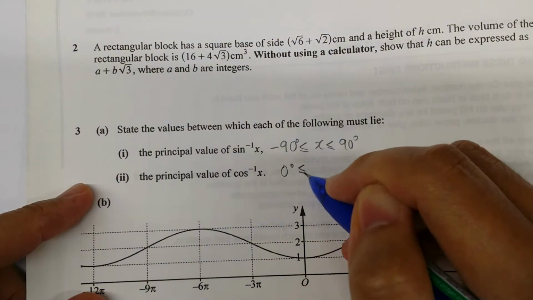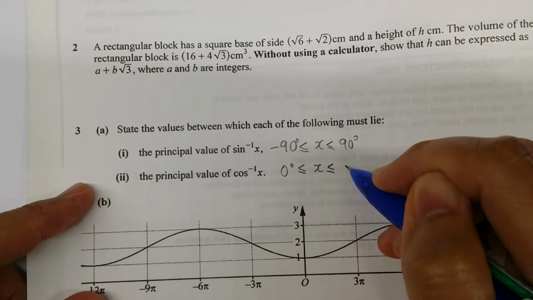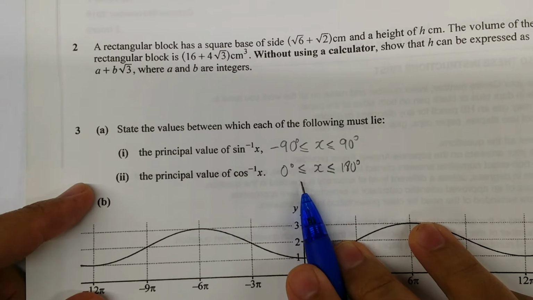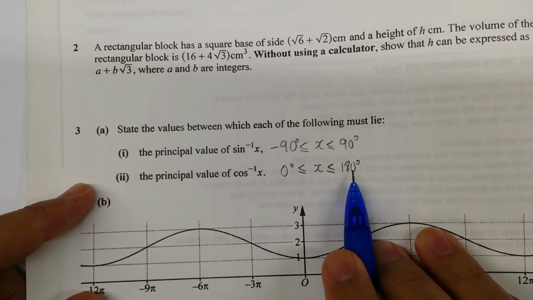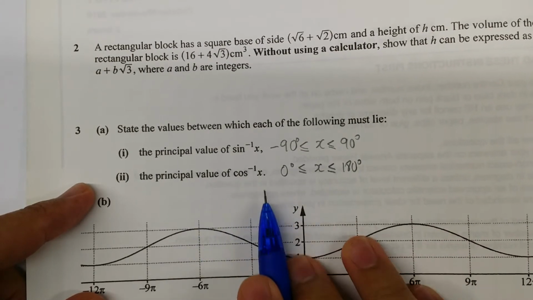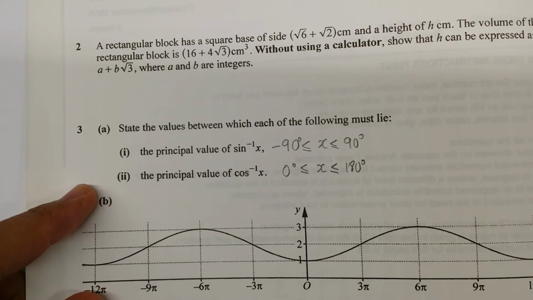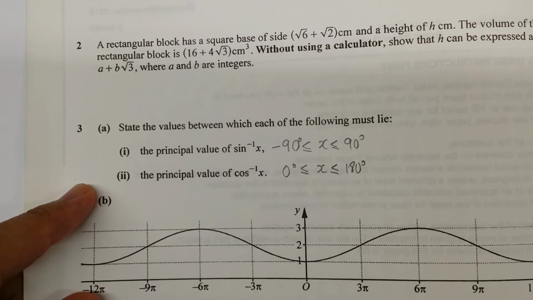It's late at night and it's getting tiring. You should be watching this during lesson. 0 to 180 degrees, the principal value of cosine inverse x. Just by writing these two, you get 2 marks. Last year, 2016 O-level for A-Math.